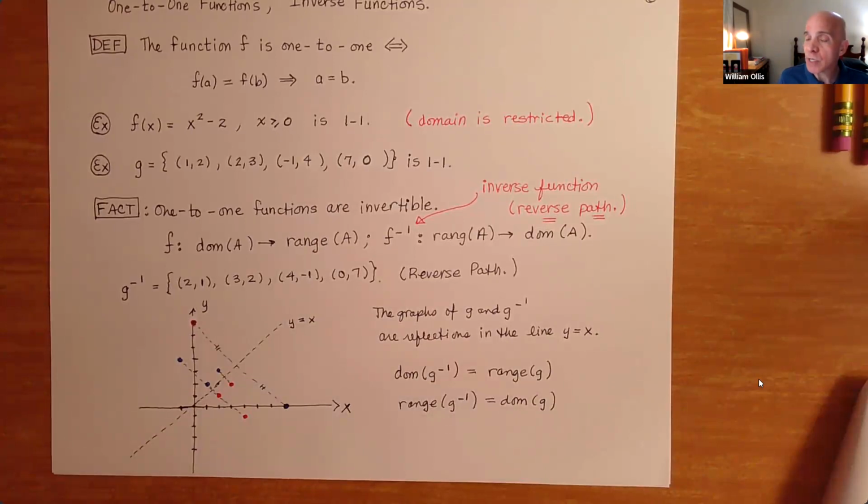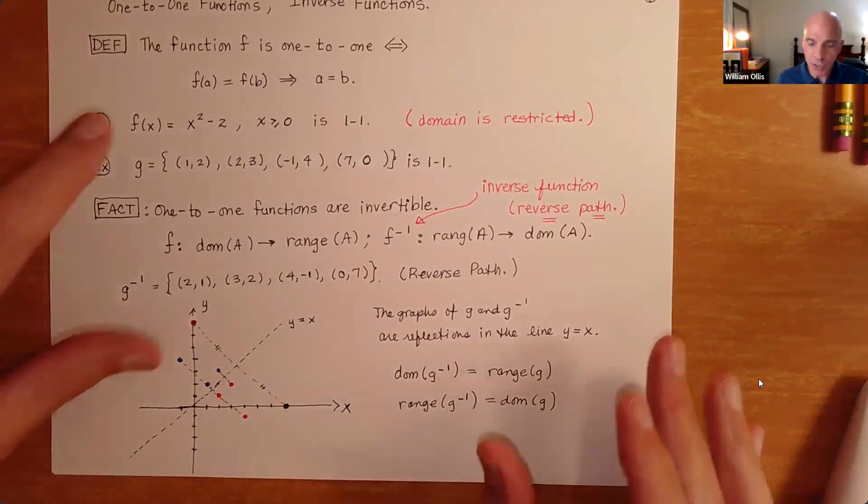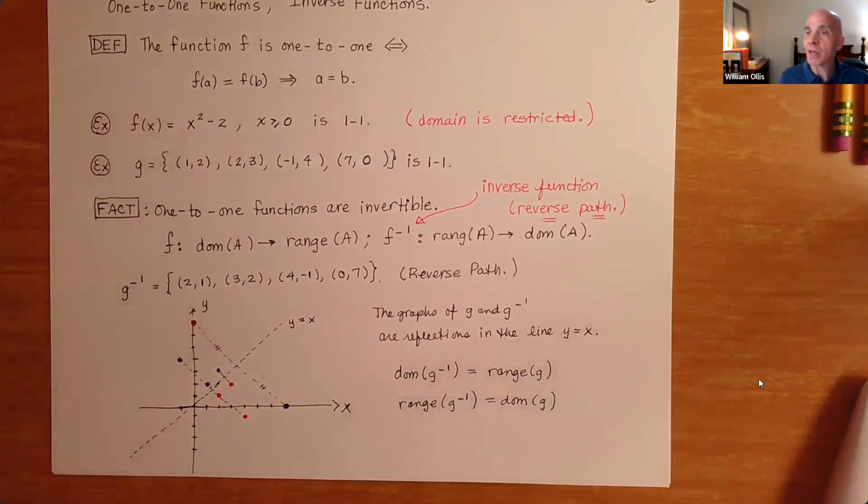One-to-one functions implicitly define a reverse path. That is, when you're in the range, the target in the domain is one element. Because the function is 1-to-1, the path back to the domain is unique.